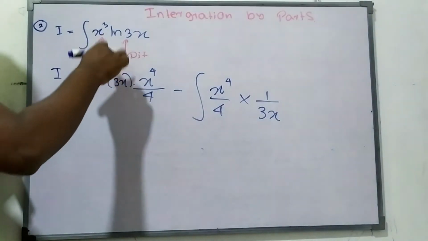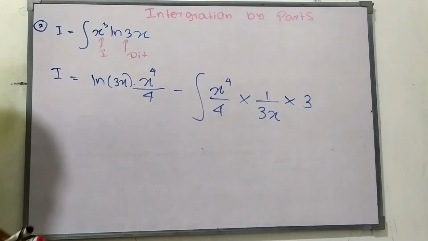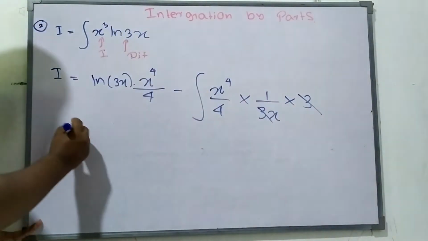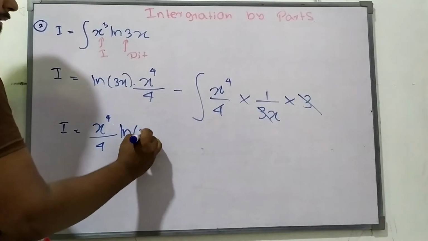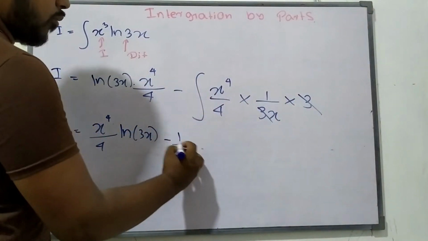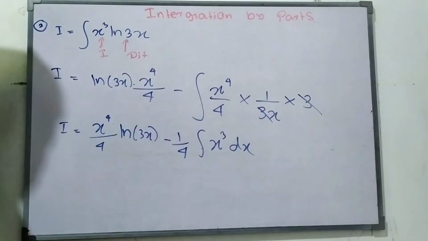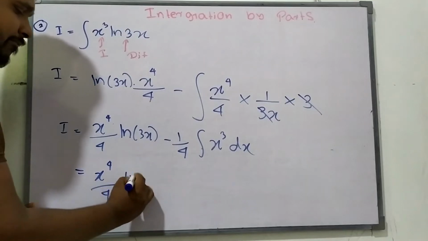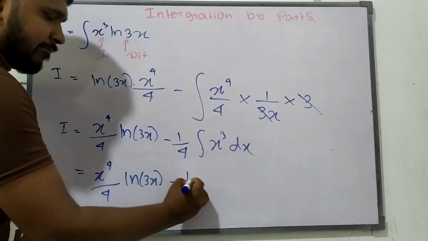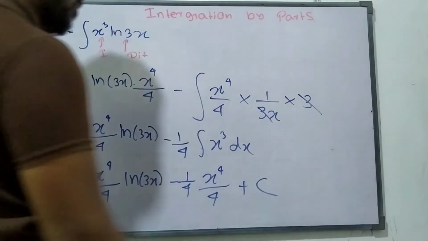The derivative of ln 3x is 1 over 3x times 3, so the 3 gets cancelled. I = (x⁴/4) ln 3x − ∫ (1/4) x³ dx, and x³ dx integrates to x⁴ over 4 plus c.